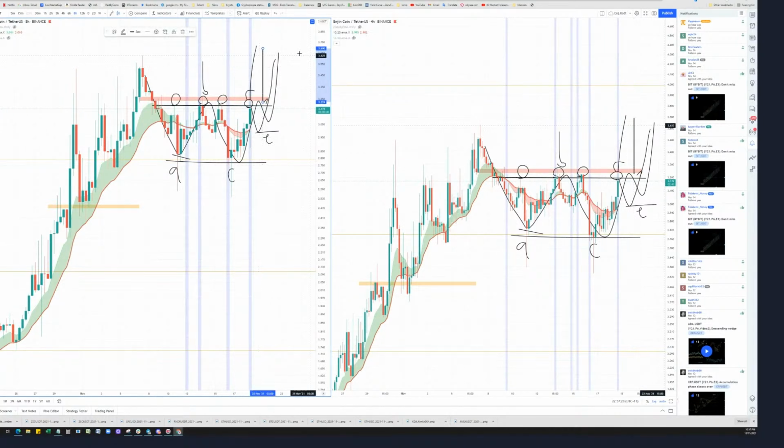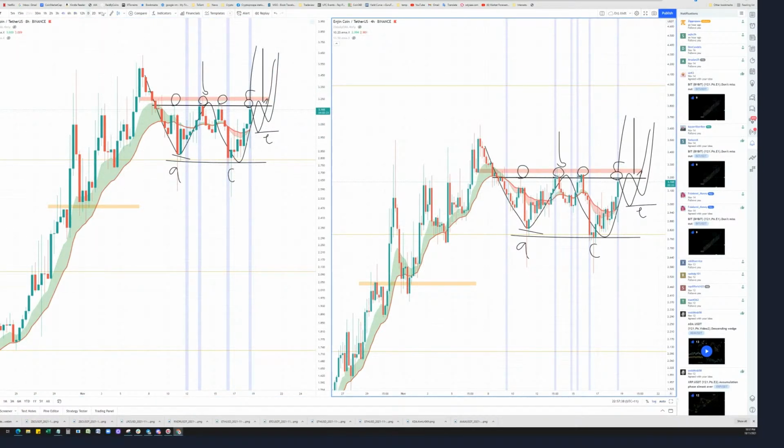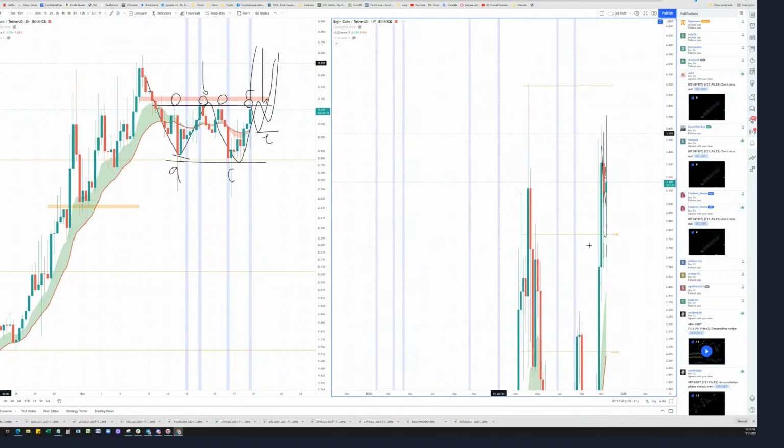Just about 3.7, close to 3.7 cents as our target, and what percentage is that? Okay, 15% move potentially. Let's look at the daily, or the weekly actually. Let's see what the weekly chart shows us.